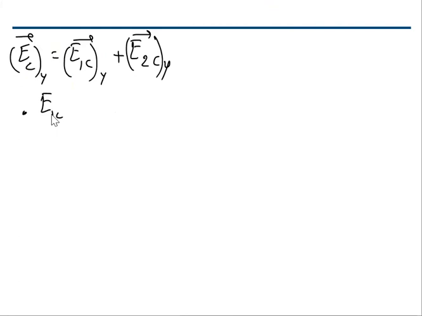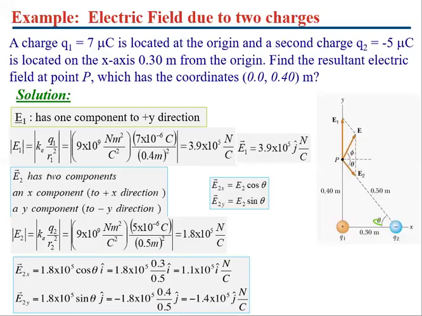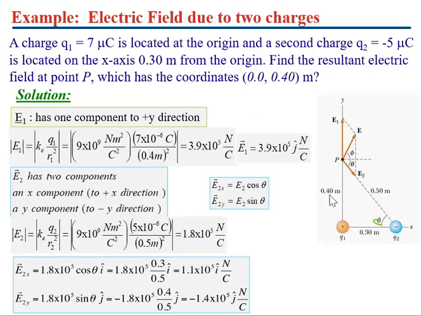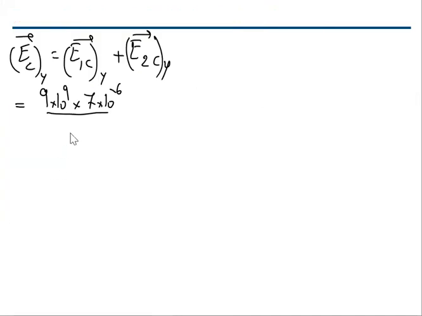Let's write directly. E1CY will be KQ, so 9 times 10 power 9, Q1 is 7 microcoulomb, 7 times 10 power -6, divided by the distance from Q1 to P, 0.4 squared. And it's along y, that means j.